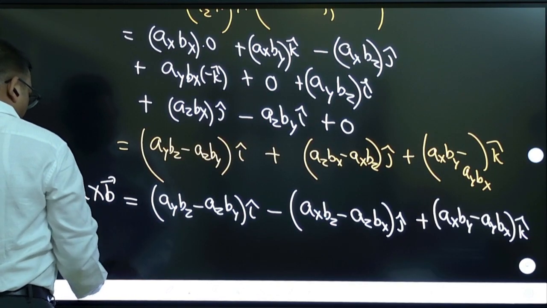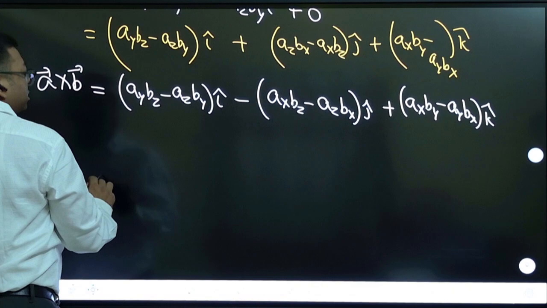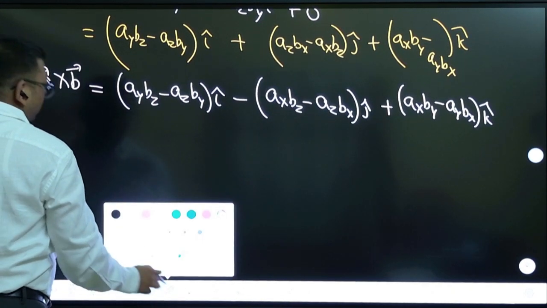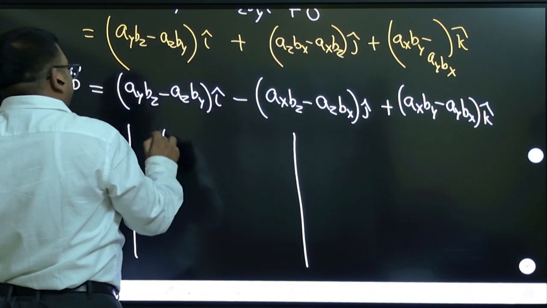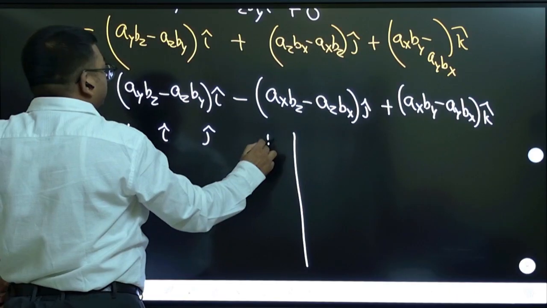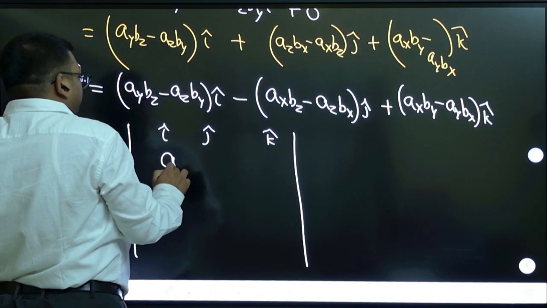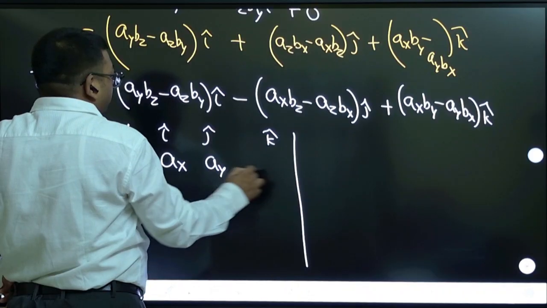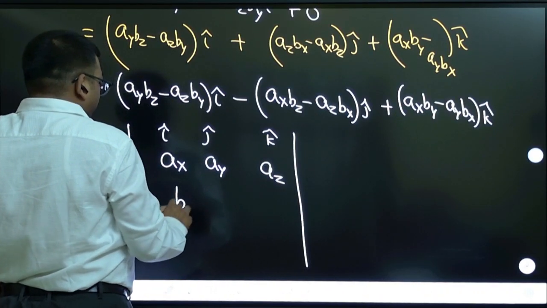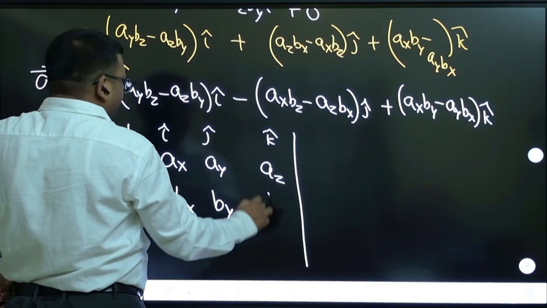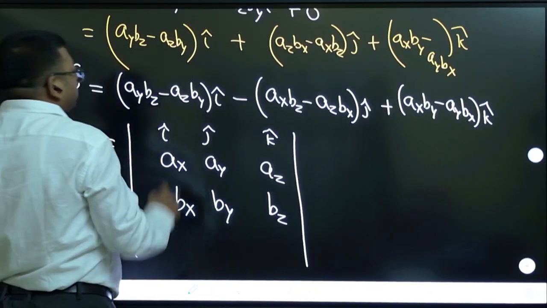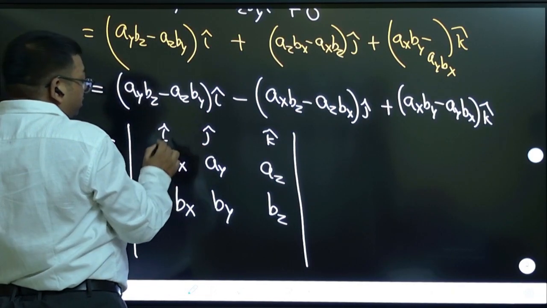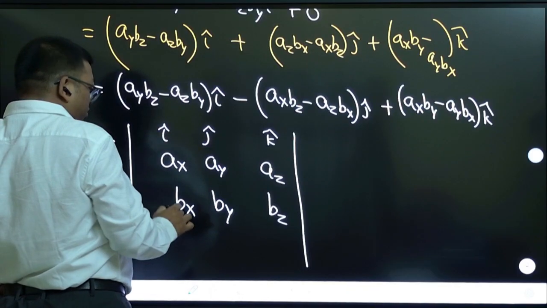Now let us summarize this in this way. I can write a determinant form: i cap, j cap, k cap, and then ax, ay, az, and then bx, by, bz. Now I will take first the i cap common, so I have removed the first column.